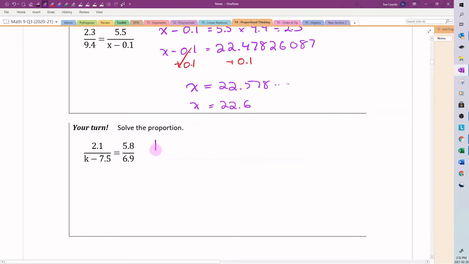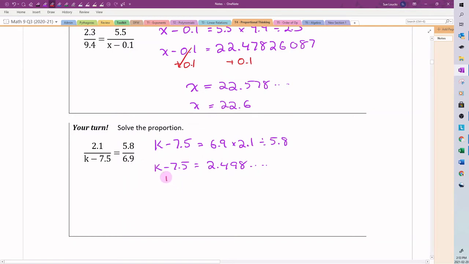Okay, now we have k minus 7.5 equals 6.9 times 2.1 divided by 5.8. So k minus 7.5 equals 2.498 something something something.